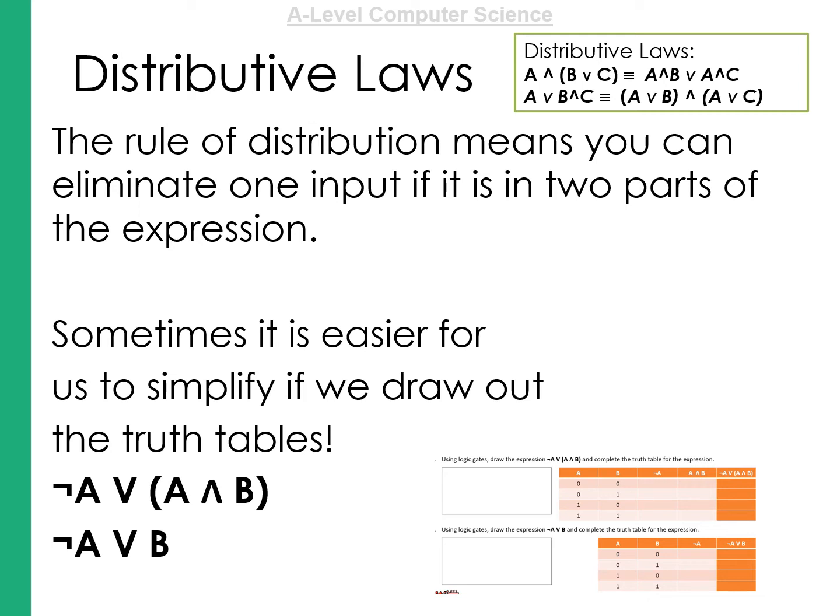You can see as we do this, we do not A, and if we look at A and B, we can then represent that as not A or A and B. So try this task first.